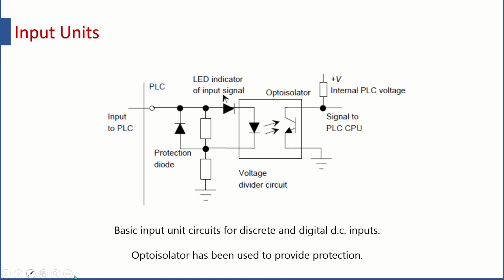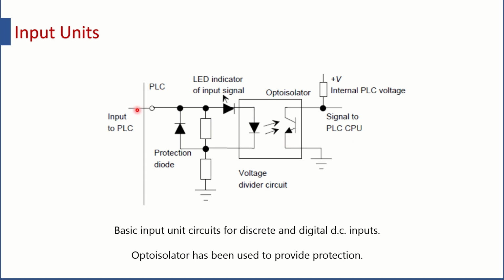Let us go further. Let us see what the actual inside figure is. Now you see this is the basic input circuit for discrete and digital DC inputs. Discrete and digital DC input, how they are given to the PLC. Whatever there is in the block, this is the input terminal where you actually connect your field device, and inside this, what is happening you do not know.